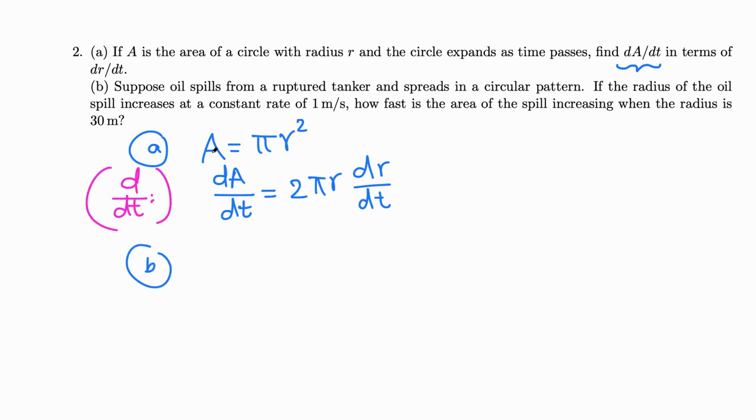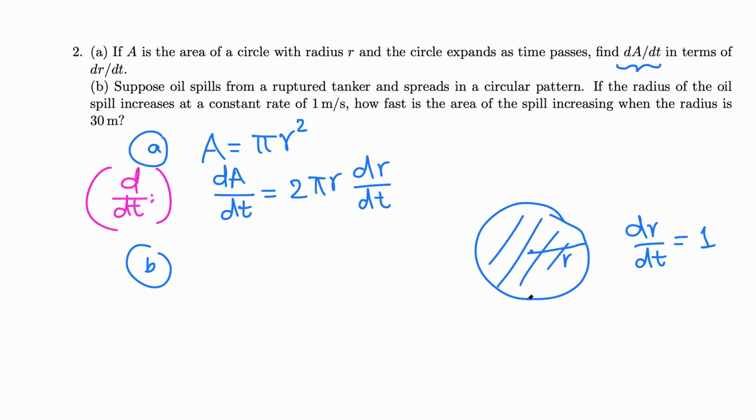Now in part B, it's the same question, but some information is given here. Suppose oil spills from a ruptured tanker and it spreads in a circular pattern, just like a circle. If the radius of the oil spill increases at a constant rate of 1 meter per second, how fast is the area of the spill increasing?